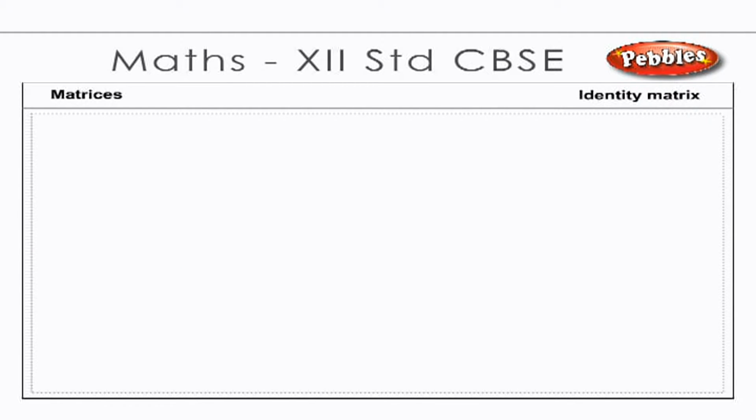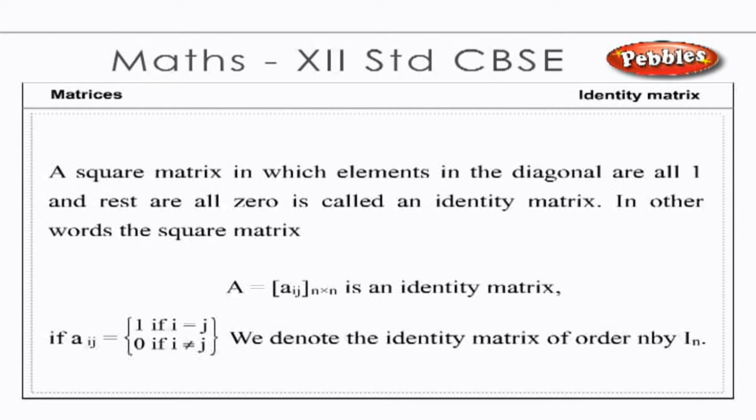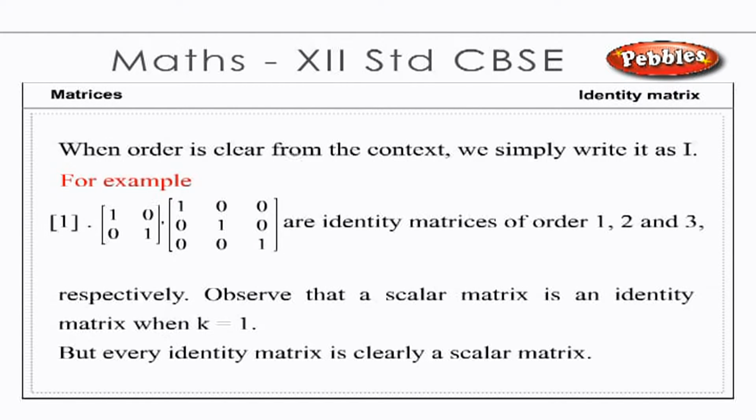Identity matrix. A square matrix in which elements in the diagonal are all 1 and the rest are all 0 is called an identity matrix. In other words, the square matrix A = [a_ij] n × n is an identity matrix. We denote the identity matrix of order n by I_n. When the order is clear from the context, we simply write it as I.